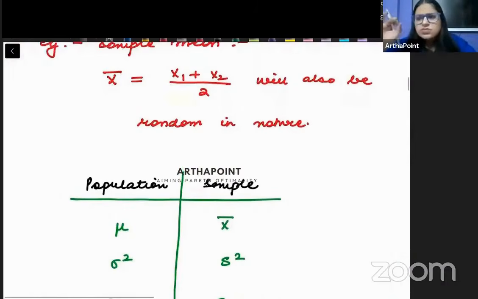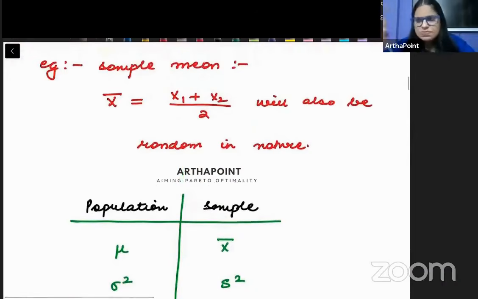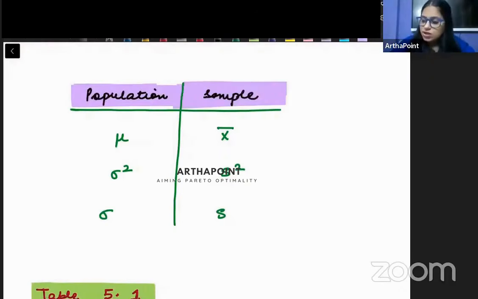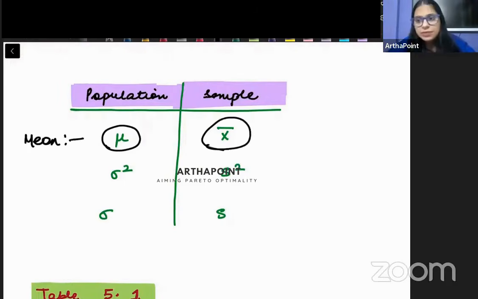ठीक है बेटा, कुछ कुछ वैल्यूज हैं जिसपे मुझे आपको ध्यान दिलवाना है यहाँ पर. So try to understand that whenever we talk about population versus sample, the mean of the population is called mu, and the mean of the sample becomes x bar.